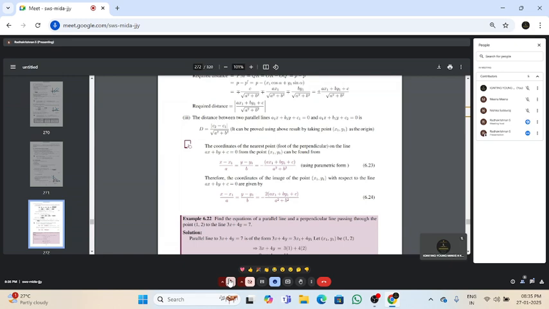So now with this equation you should be able to get the value of x. Okay. So x minus 1 equal to minus 2 into 1 plus 6 minus 4. 1 plus 6, 7 minus 4 is 3. 1 square plus 2 square is 5.